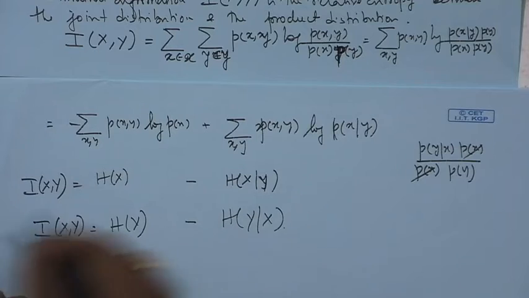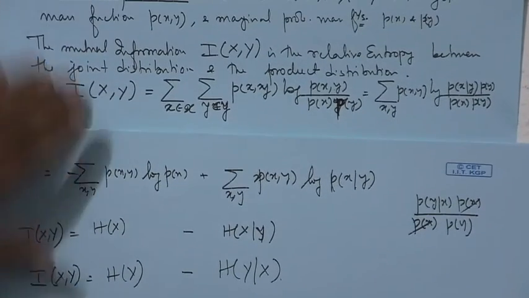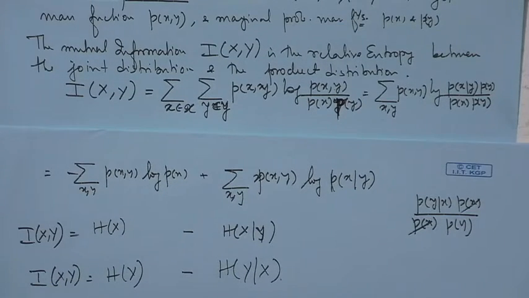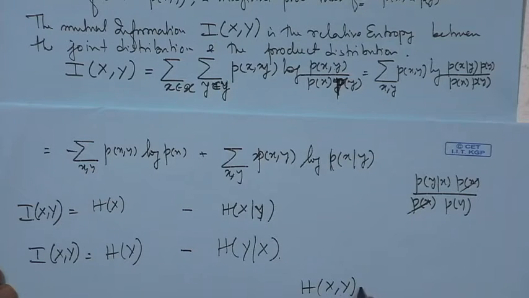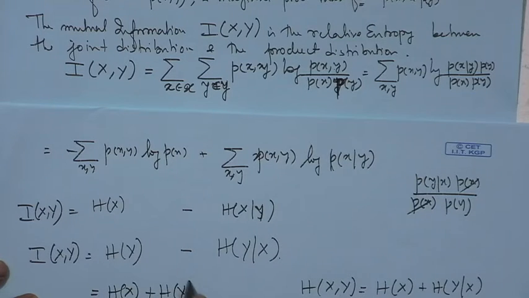So these are the definitions that we can follow, and if you go by the chain rule, the chain rule tells us h of xy is equal to h of x plus h of y given x, or you could also write it as h of y plus h of x given y. So this you could write as h x plus h y minus h of xy.